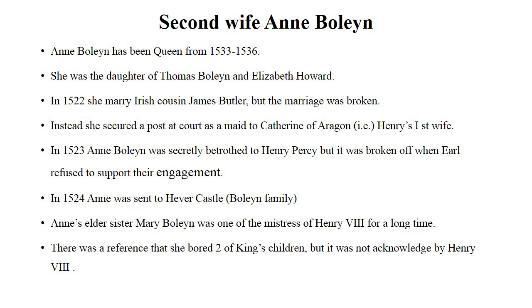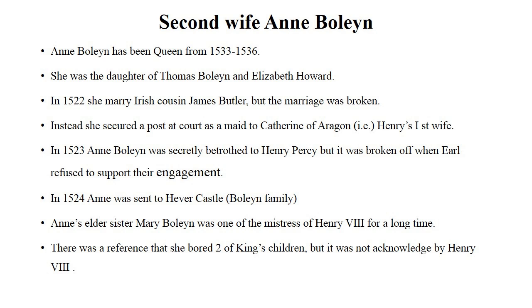In 1523, Anne Boleyn was secretly betrothed to Henry Percy, but it was also broken off when the Earl refused to support their engagement. In 1524, Anne was sent to Hever Castle, the castle which belongs to the Boleyn family.